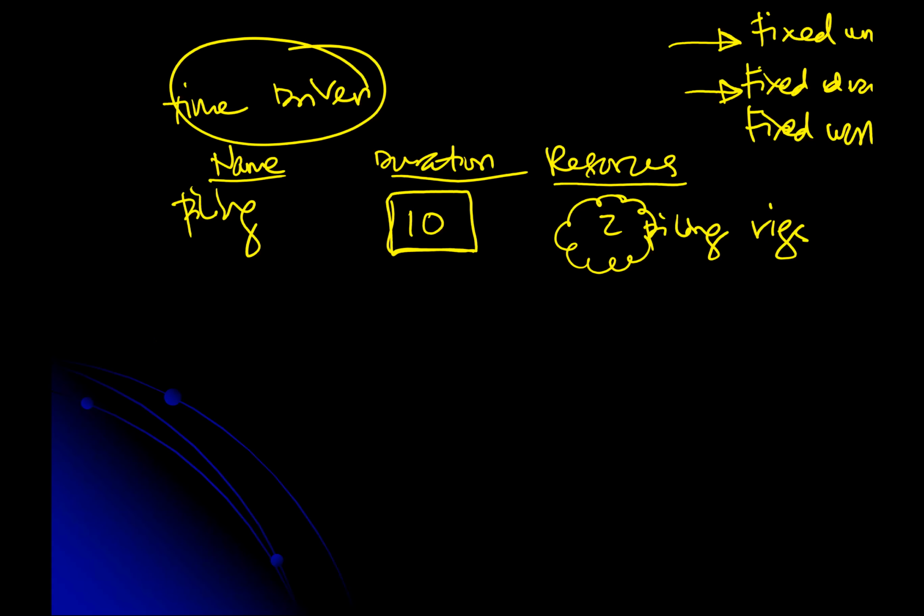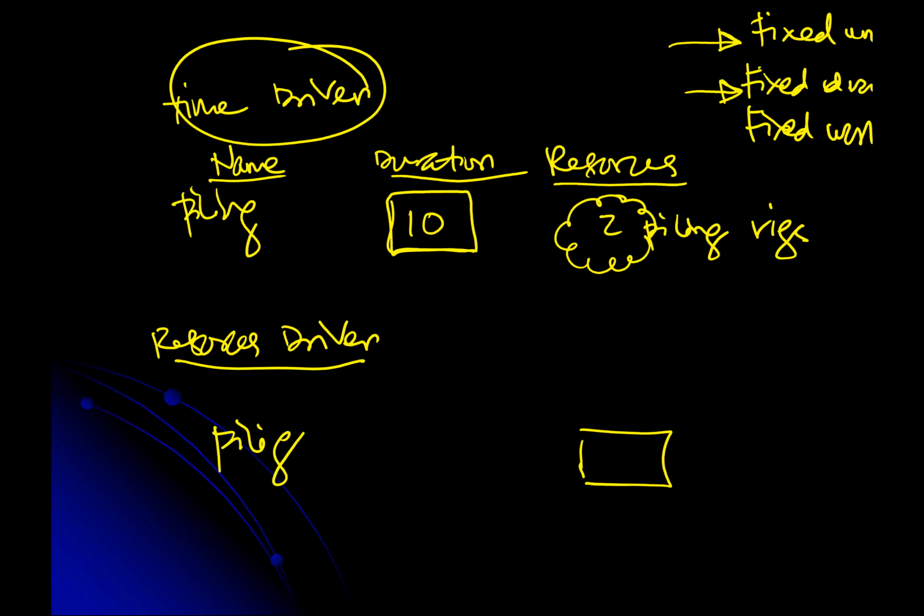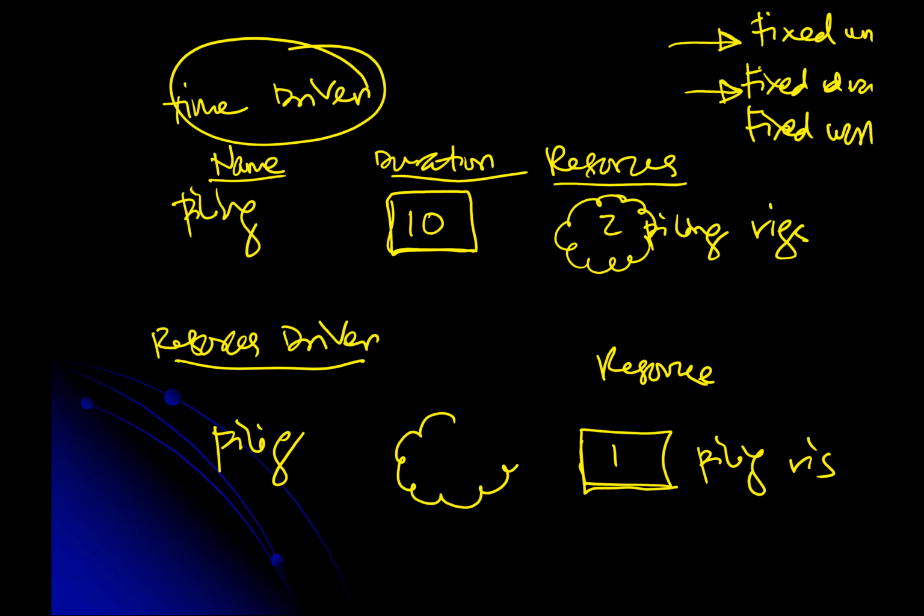Another situation is what we call resource driven. The same item there, piling. We fix the piling rig. Depending on the situation, maybe we can only get 1 piling rig. This is what we call the resource. So based on what we fix, then what could be the duration? Automatically, from the equation, you understand.